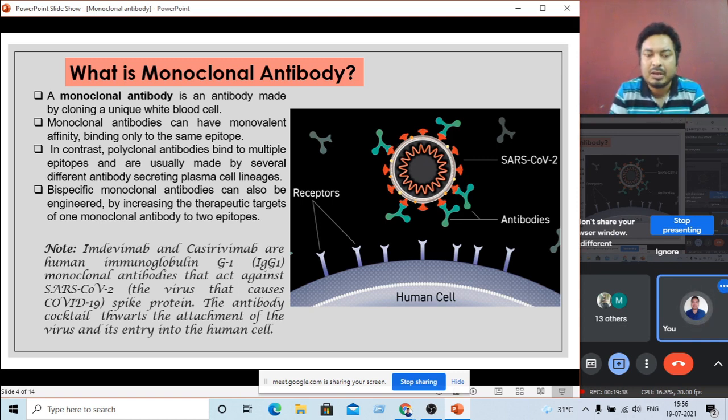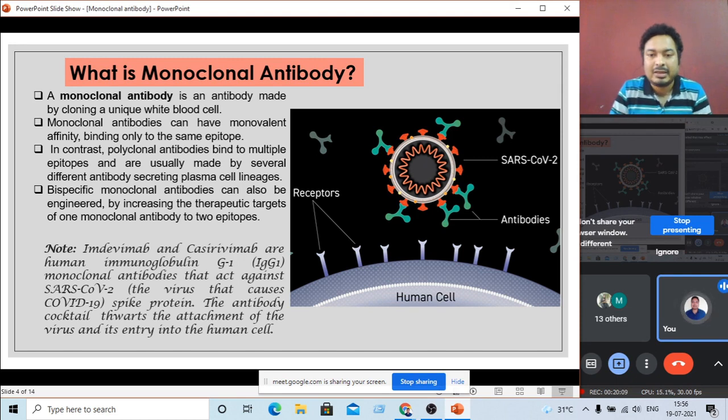And what is the exception? This is in the case of a particular cancer, multiple myeloma. This is a type of cancer developing in the plasma cells. These cancerous plasma cells can produce monoclonal antibody during the cancer development.